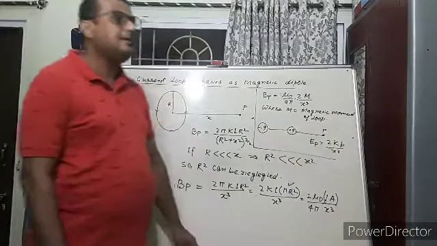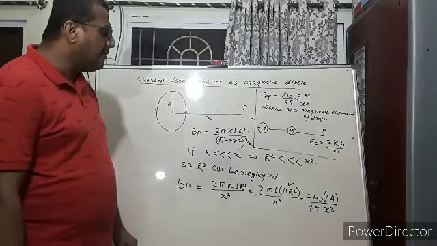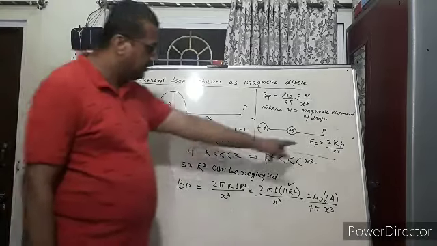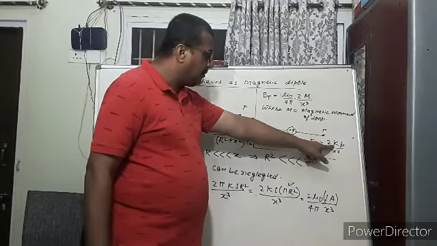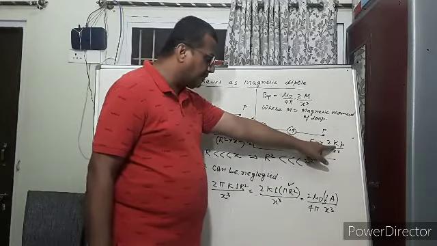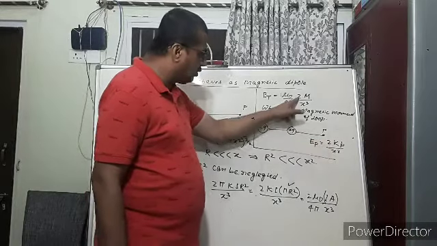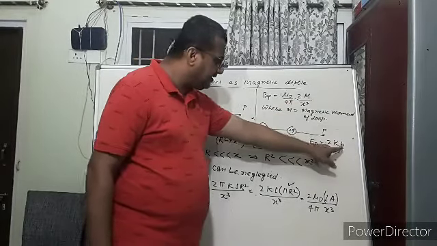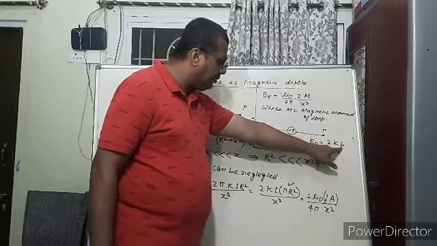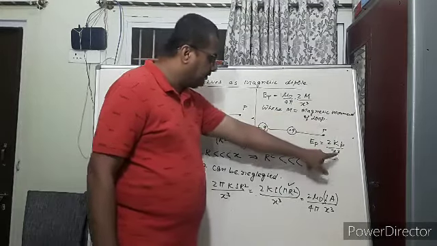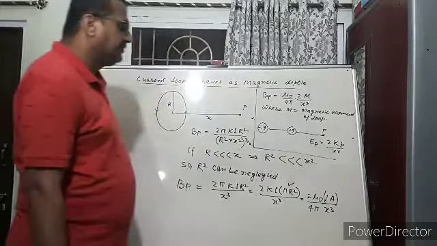In place of k, there was 1 by 4 pi epsilon naught. Here is 2, here is also 2. Here is m, here is p. This is the electric dipole, this is the magnetic dipole. And this is x cube, that was the distance.